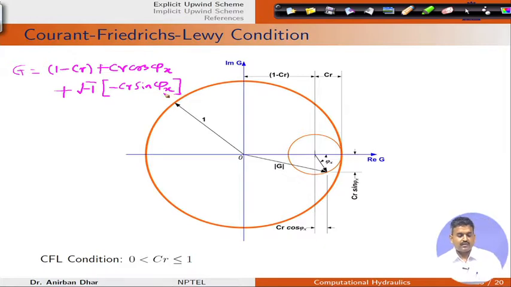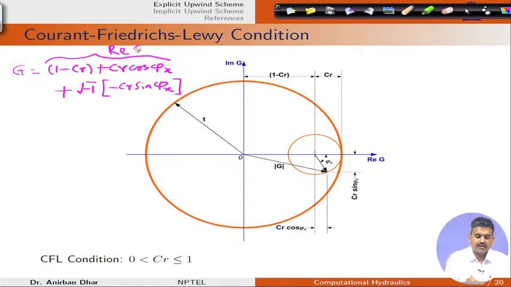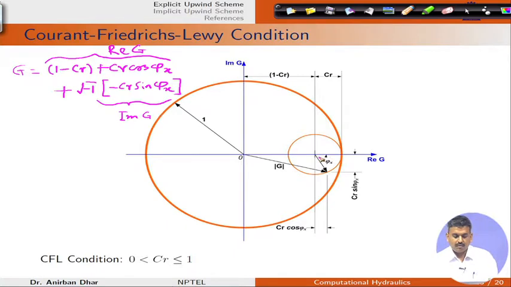This part is represented on the real axis, and this part on the imaginary axis. So, this part is 1 minus CR, and this one is the projected one.